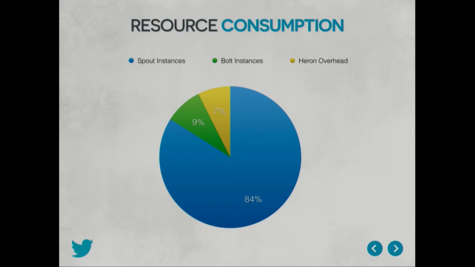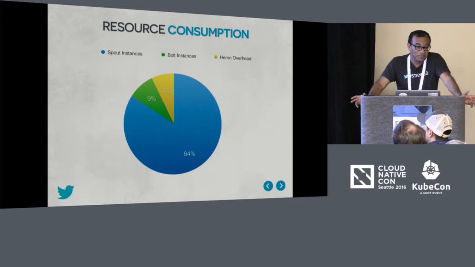The spout instances were taking a lot of time: around 84% of the 30 to 50 cores went into spouts. The bolts took just around 9%, and the Heron overhead is just 7%, which is hardly a few cores out of the 30 to 50, so not much.